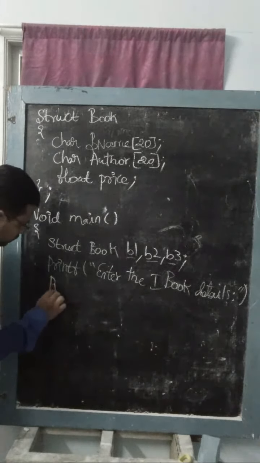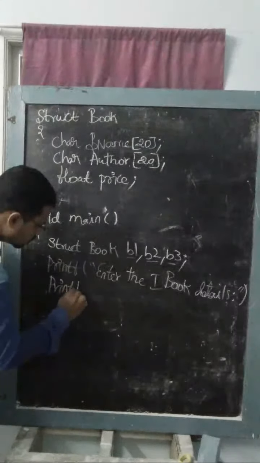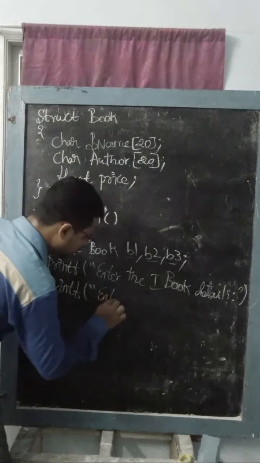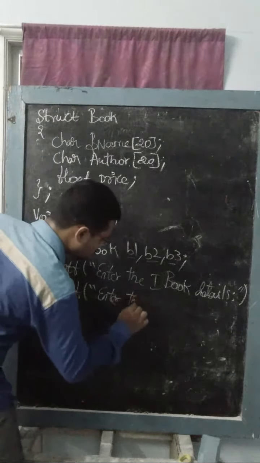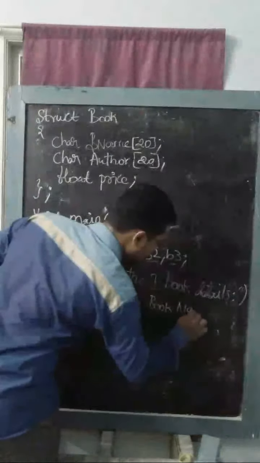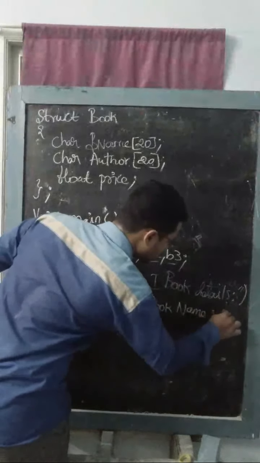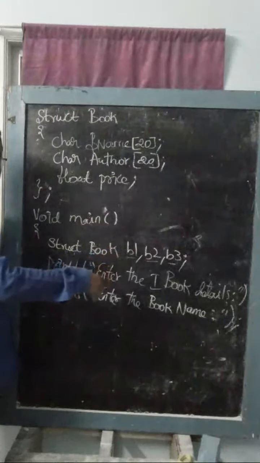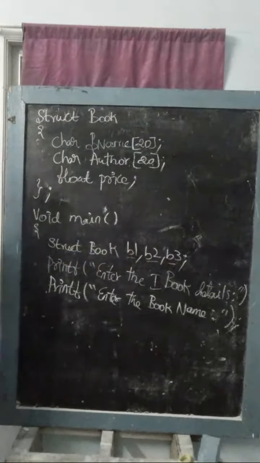The first thing is printf, enter the book name. With the help of the B1 object, we have to access the particular book.